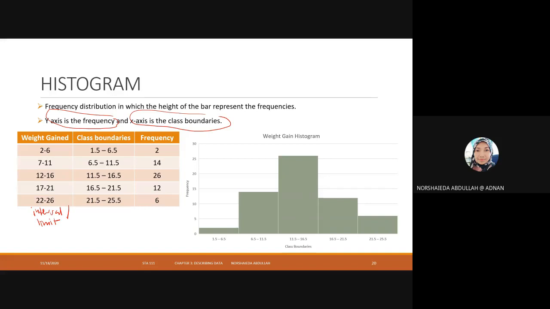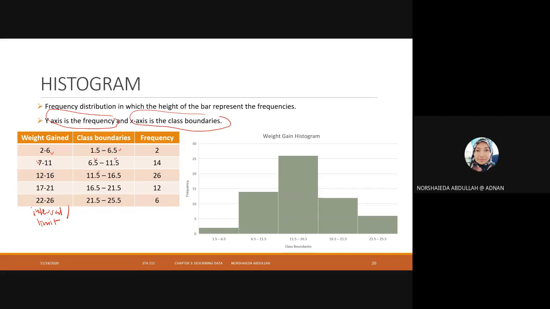This is the class boundaries. Boundaries are the midpoint between the limits. For example, the upper boundary for the first class, we take 6 plus 7 over 2, the midpoint, which equals 6.5. So here 6.5. This one, 11 plus 12 over 2, is 11.5.